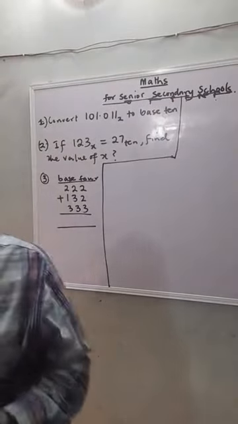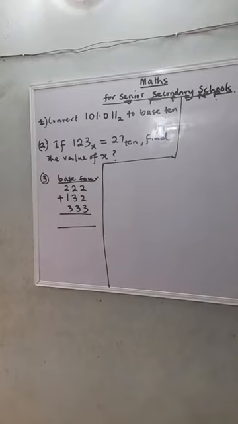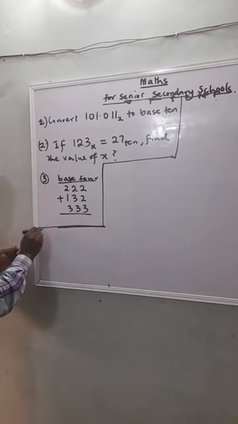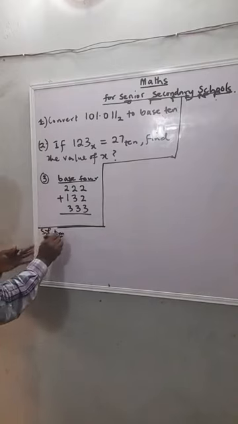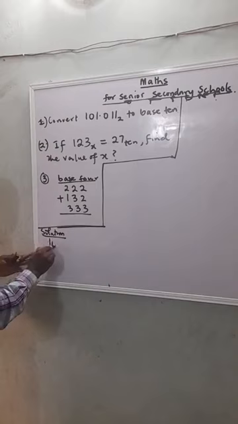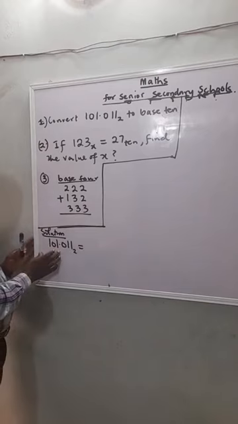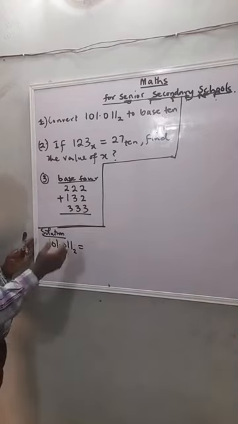Without wasting much of our time, the solution to this particular problem. You will agree with me that the first question will go this way. Solution. 101.011 in base 2. Converting all this from base 2 to 10.